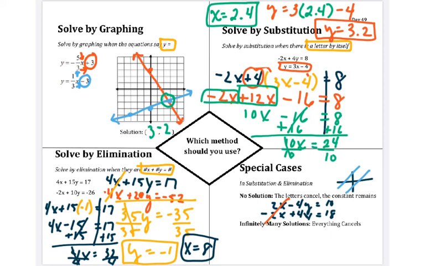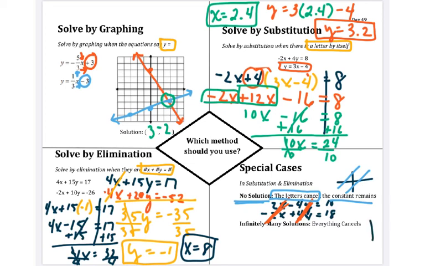My y's cancel. Negative 4 plus 4, they go away. However, my letters do not cancel. That's a 10 plus 18 leaves you with a number. So this here is no solution because the letters canceled, but a constant would remain. A number in the back would remain.